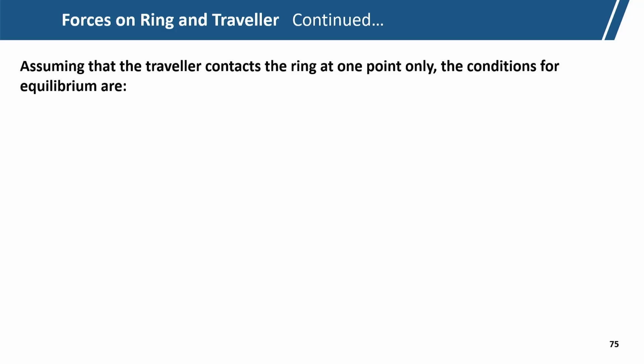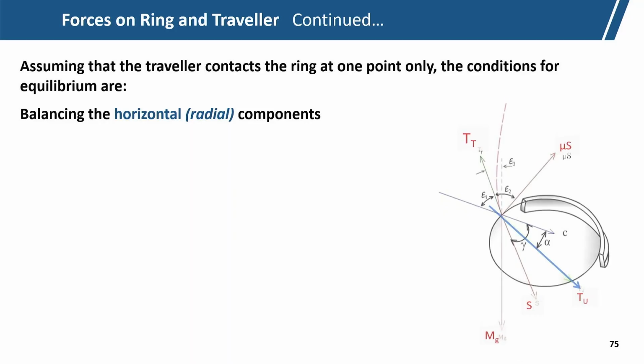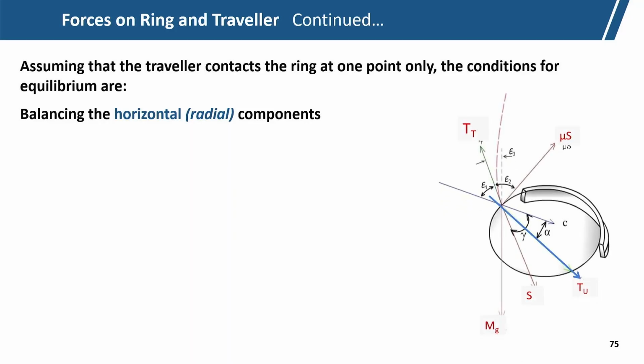Now, assuming that the traveler contacts the ring at only one point, the conditions for equilibrium are as follows. First, balancing the horizontal or radial components. We have to balance the horizontal component first.